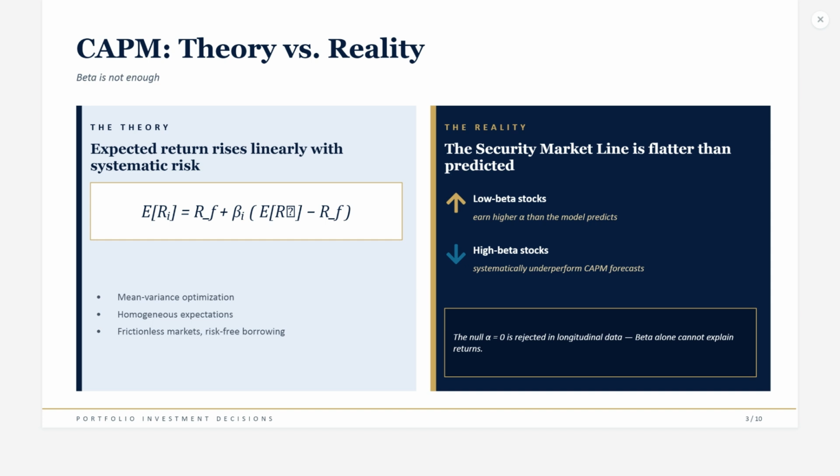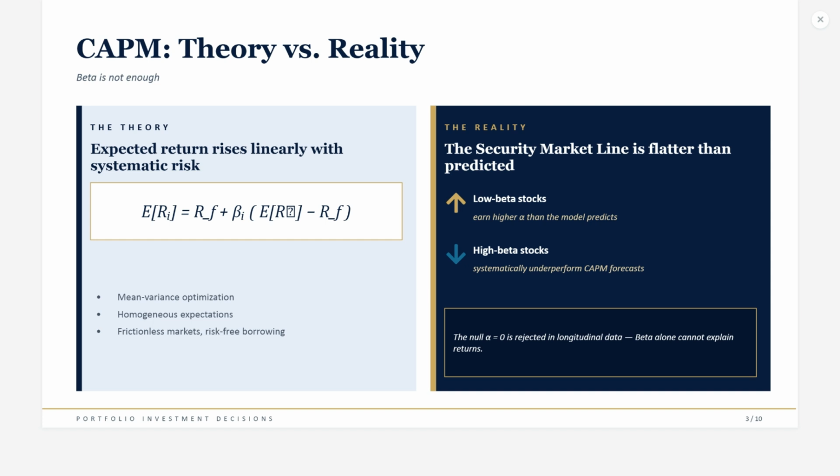What we see in the real world is that the security market line is flatter than predicted. What does it mean? It means low beta stocks and high beta stocks: low beta stocks earn higher alpha than the model predicts, and the high beta stocks systematically underperform CAPM forecasts.